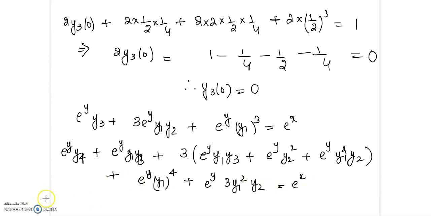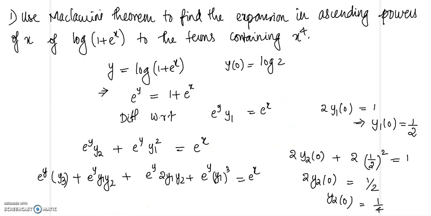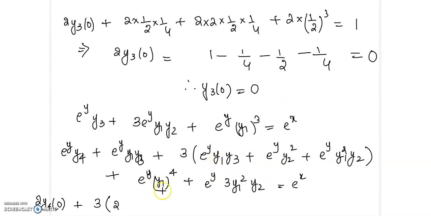So we are going to get 2 y4 at 0 plus, ഇനി y3 നമുക്ക് 0 ആണ്, അപ്പോൾ ഈ രണ്ട് ടേം 0 ആകും. Then 3 into 2 into y2, which is 1/4. Okay, so 2 into 1/16 plus 2 into, y1 is 1/2, അപ്പോൾ 1/4 into 1/4 വരും.